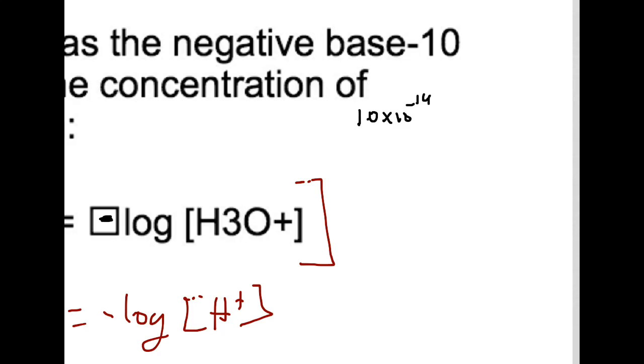And in the particular case of something that has a concentration of 10 to the minus 7, so this is the hydrogen ion concentration of a neutral solution.